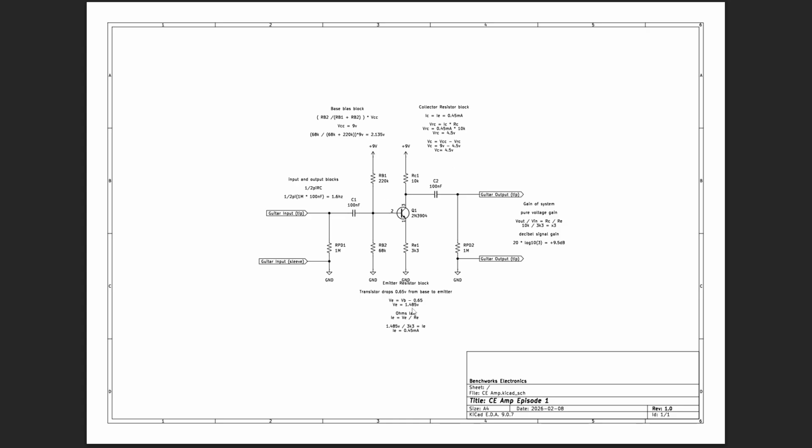So we have 0.45 milliamps at the bottom, and we have 0.45 milliamps at the top going through this resistor and this resistor. So these two pipes are the same thickness, the same width.